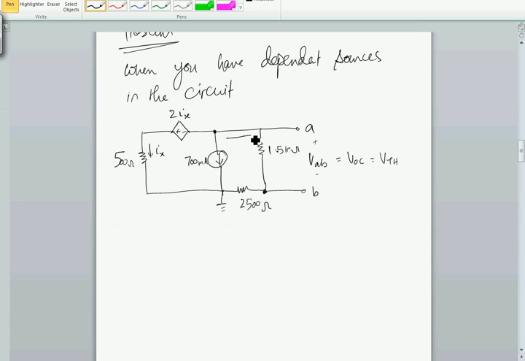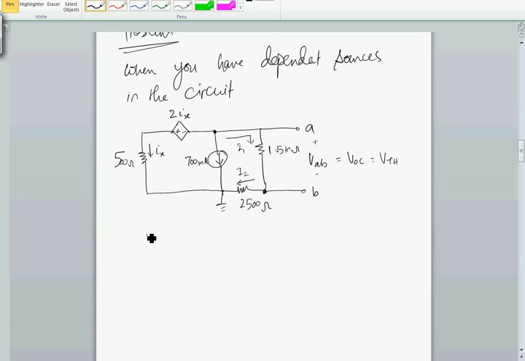Let's say this is I1, and I1 will be the same going through the 2500 ohm resistor. I just have to find the node voltage A, and then find the drop across the 1.5K resistor, that will be VAB.